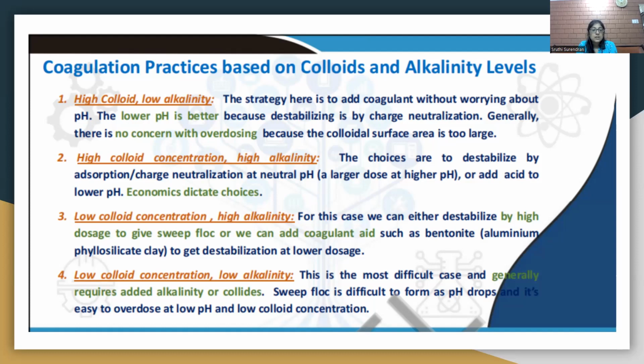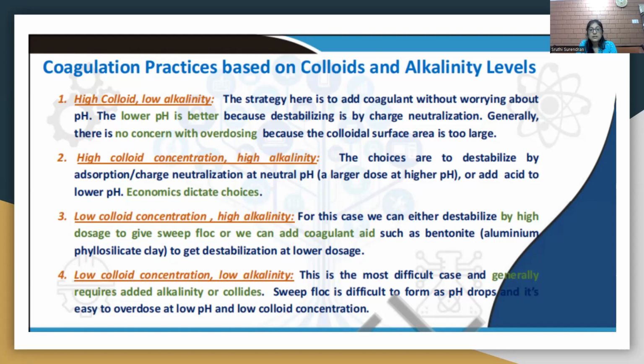Now, suppose the condition is very low concentration of colloid and high alkalinity, we can either destabilize by the dosage to give sweep flocculation, by the sweep coagulation process. These colloids can be removed, or coagulant aids can be added.